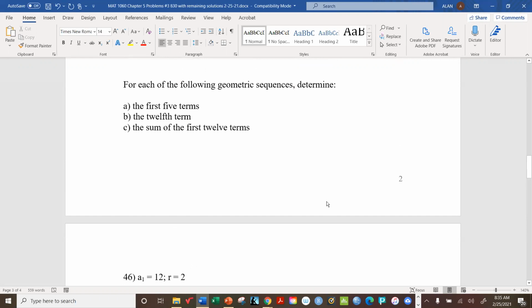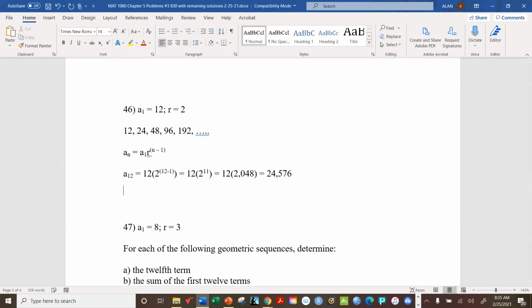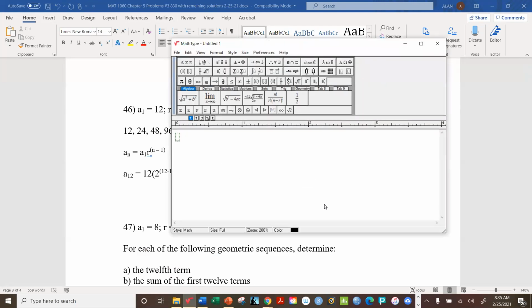And then finally, the sum of the first 12. So the formula for that one is a little bit messier than for the arithmetic sequences. So why don't we take a look at that? I'll use my trusty equation editor here for this. Now, by the way, nobody expects you to memorize these formulas.